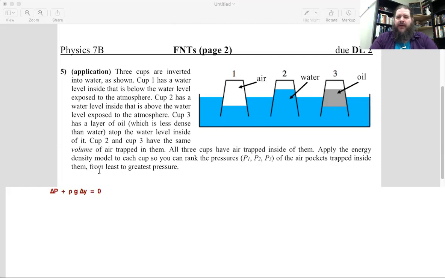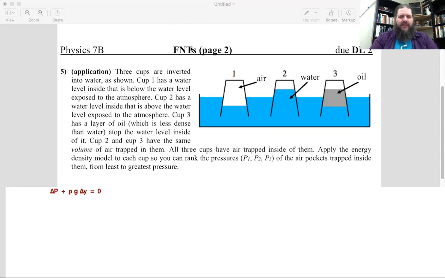And we can use that to compare any 2 points in this entire system, with the exception that if you wanted to compare any 2 points, what has to be true about those 2 points in order to apply the Bernoulli equation? Same fluid system. Yeah, they've got to be the same fluid system.